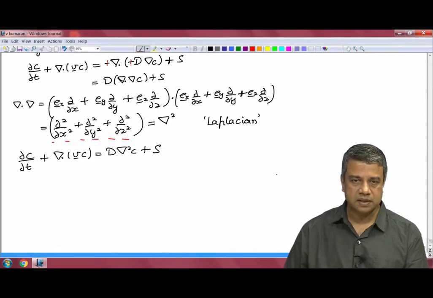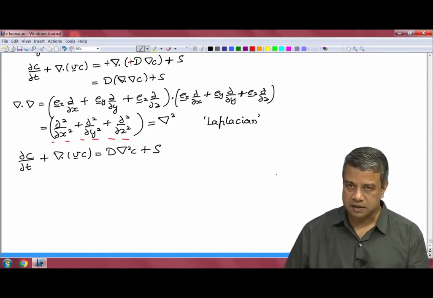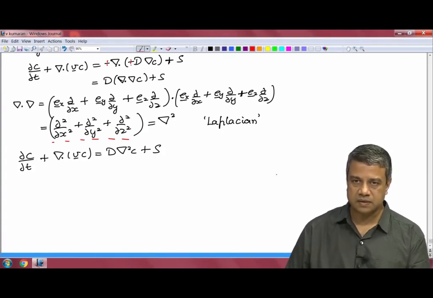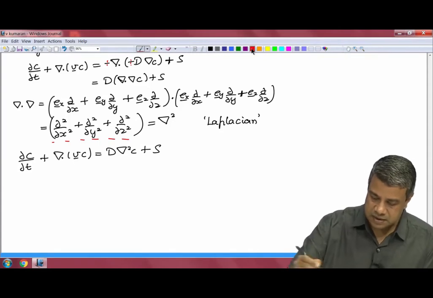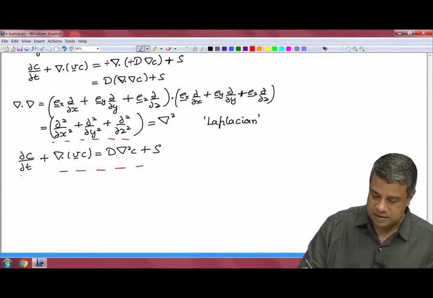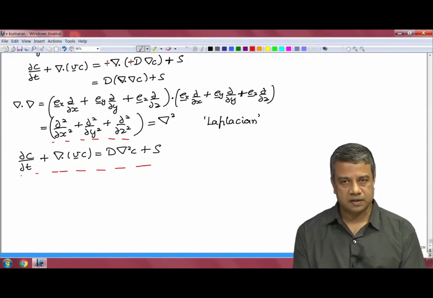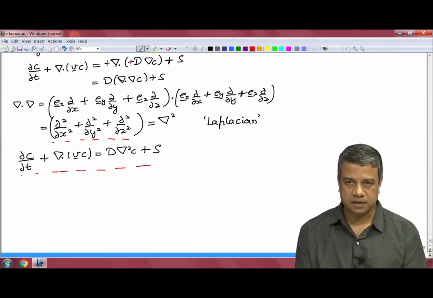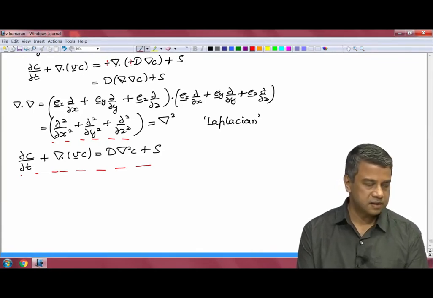Similarly, as we shall see a little later, even if we switch from a Cartesian to a cylindrical to a spherical coordinate system, the equation written in vector form is exactly the same. The meaning of these vector operators, the gradient, divergence and the Laplacian, change when you go from one coordinate system to the other, but the conservation equation in terms of the vector differential operators is unchanged.